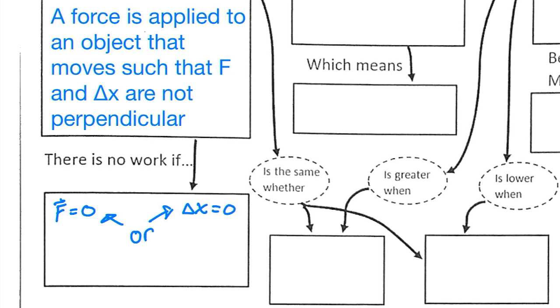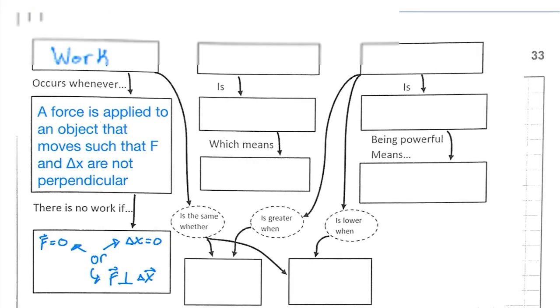So if you just hold the package out and you're pushing up on the package but it's not moving, you can hold it there for as long as you want, but no work's done. You can push a wall as much as you want, but you're not doing any work on the wall if the wall doesn't move. The last way that you could have no work done is to have your force be perpendicular to your displacement, which is a 90-degree relationship, which we previously talked about. So there's some basics about work.